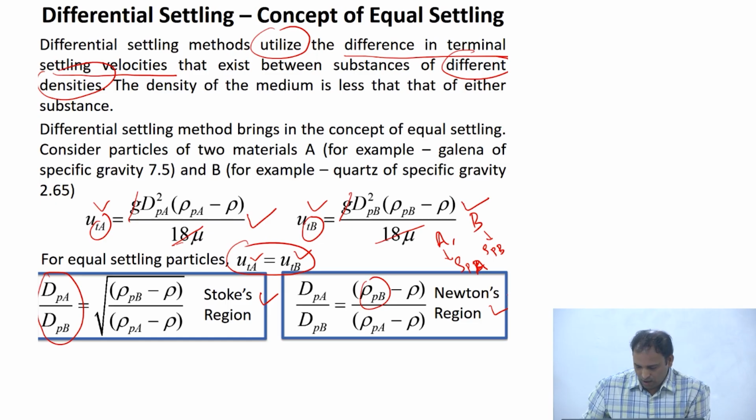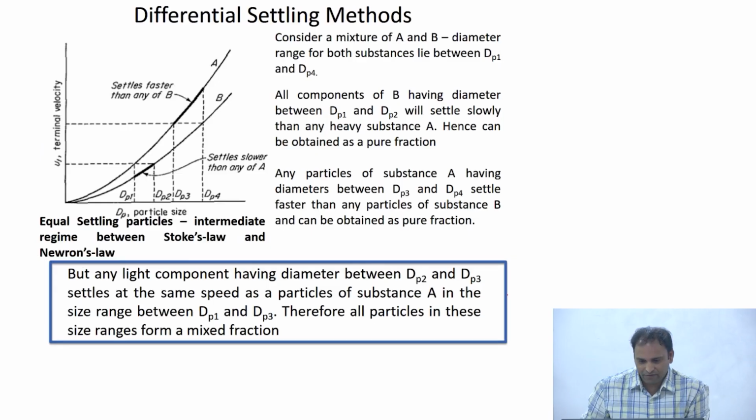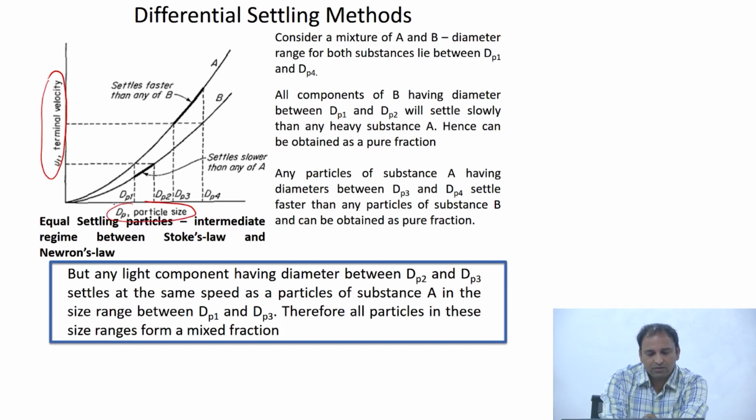How this works, you can understand from a schematic. Here, this is the terminal velocity and this is the particle size. On the x-axis there are these vertical lines.